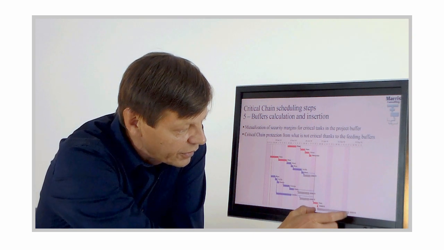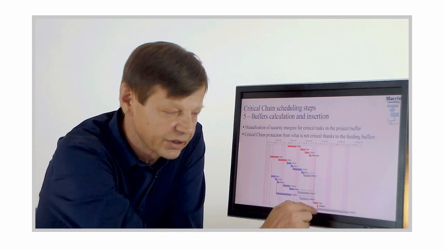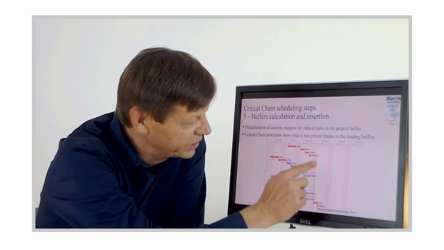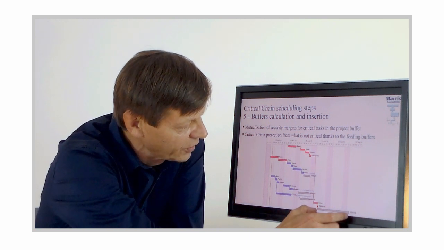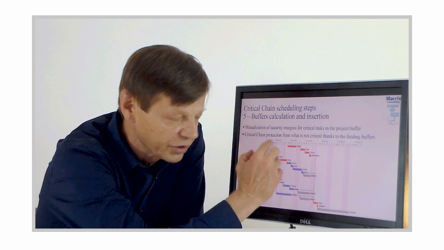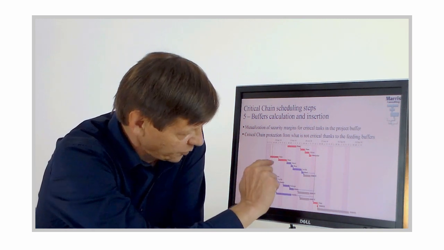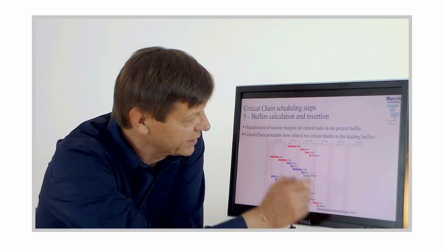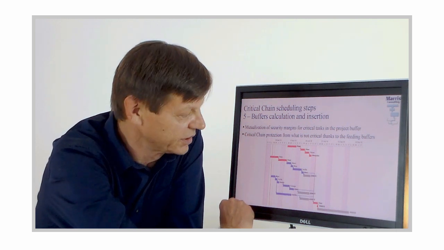And one of the nice things about critical chain is you don't have to sum all the variabilities here, because you're taking into account this whole sequence, and you can have the compensated collective variability here. I won't go into the formulas with square roots and stuff, but this buffer, because it's global, will be a lot less than the sum of the individual safeties that you had in the system previously.